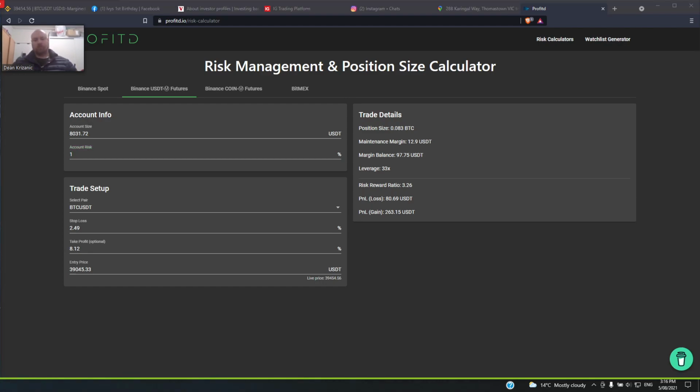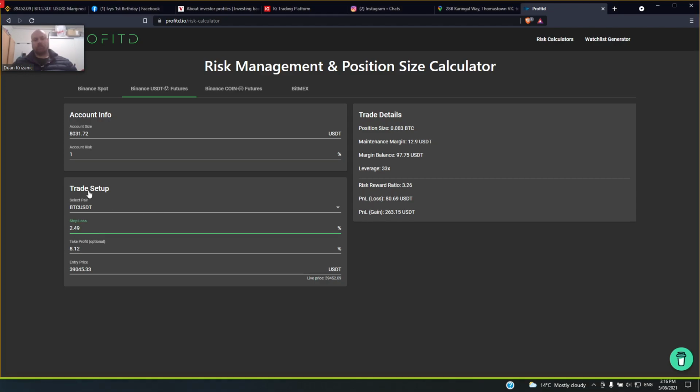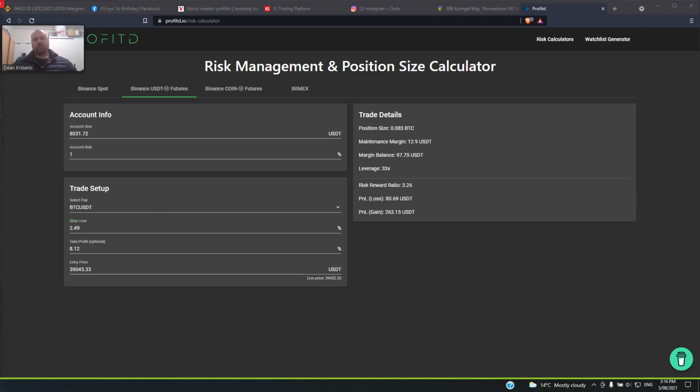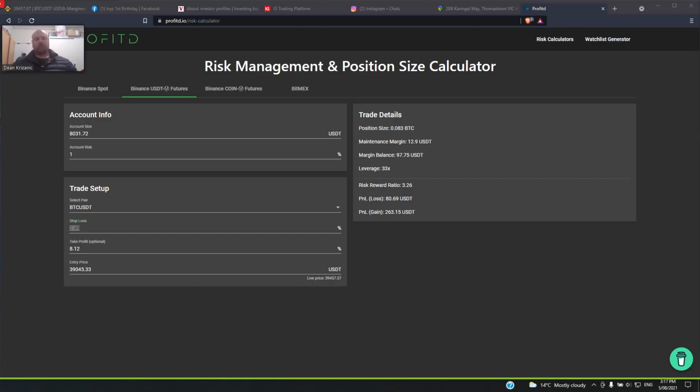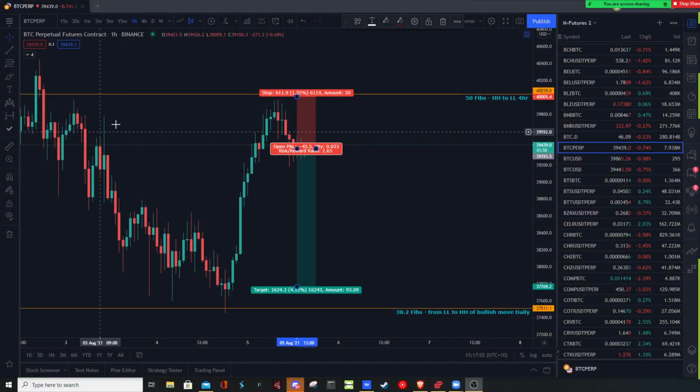BTC perp. Your stop loss will be whatever it is on TradingView. If you've put a short or long, then you put that percentage, which is here.